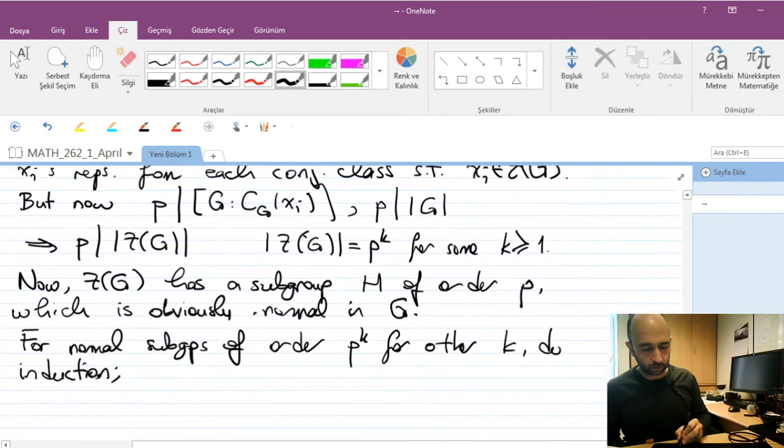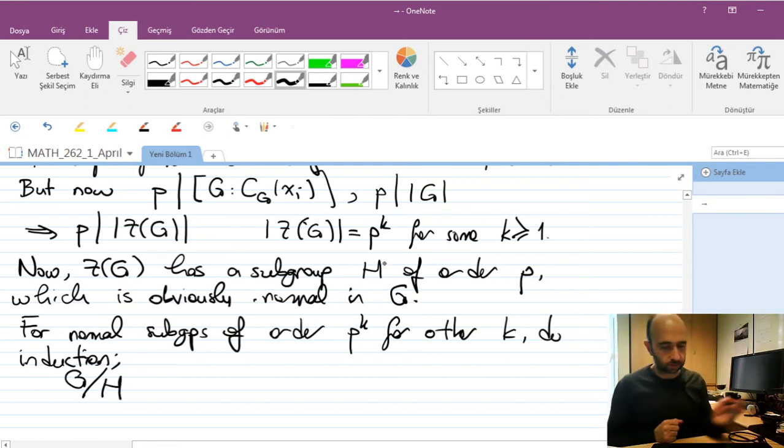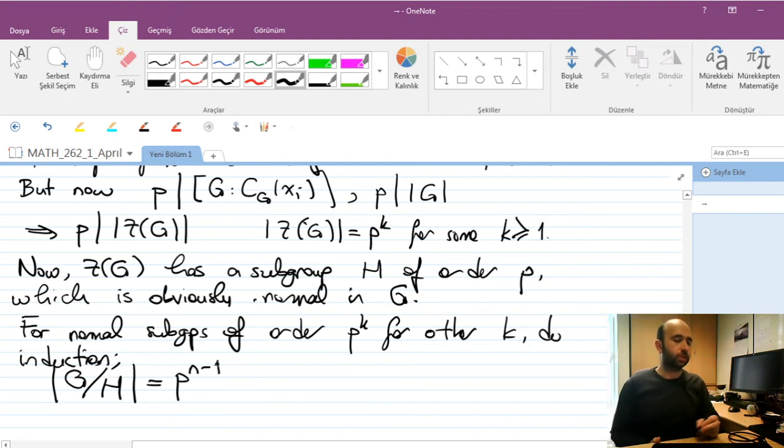Well, without going into full detail, let me write the induction step. So G over H, where H is this order P group, has order P to the power n minus 1, one less than the original.